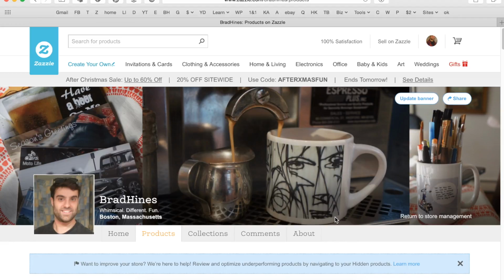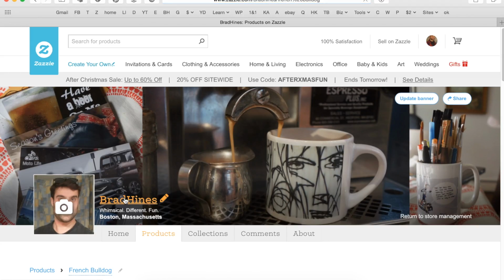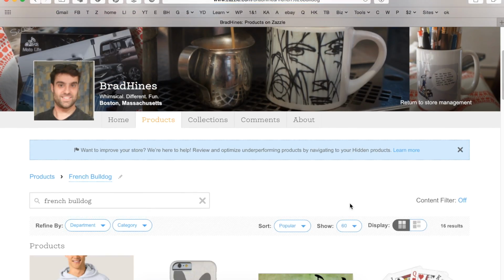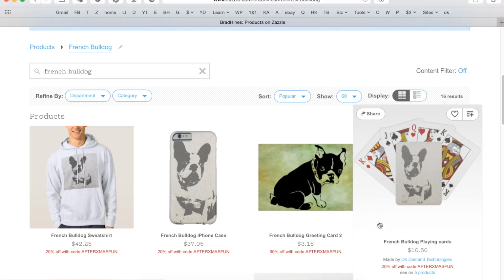For example, I had a very good image of a French bulldog, and I was able to take that, so we will find that now, French bulldog. I didn't just stop at putting it on one product, I put it on many. So here's the image here that you can see, or there's actually two of them, which again is part of making variations on a theme.